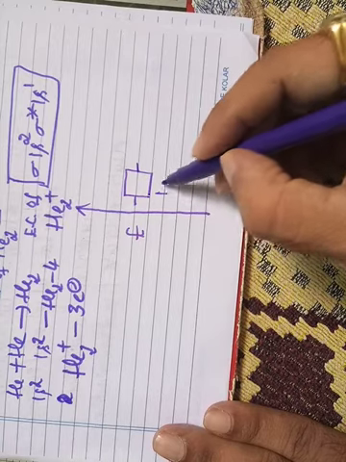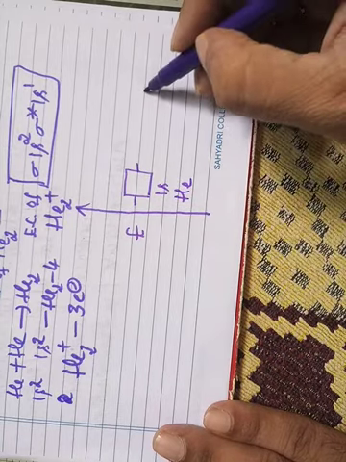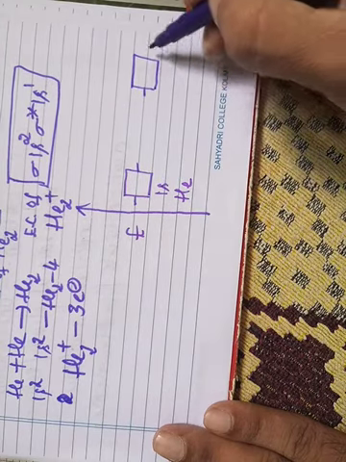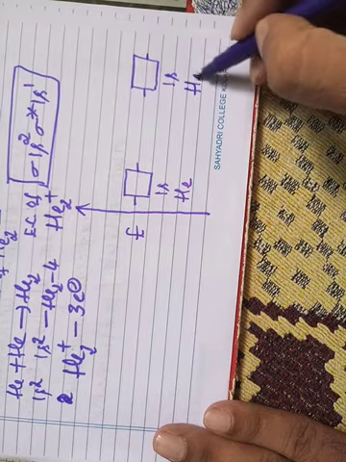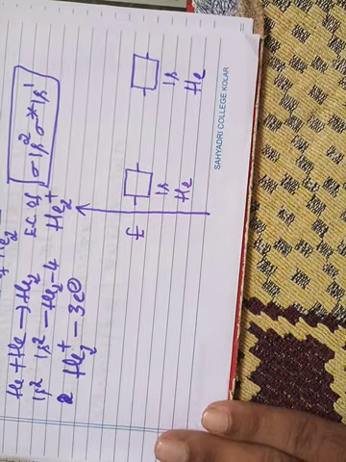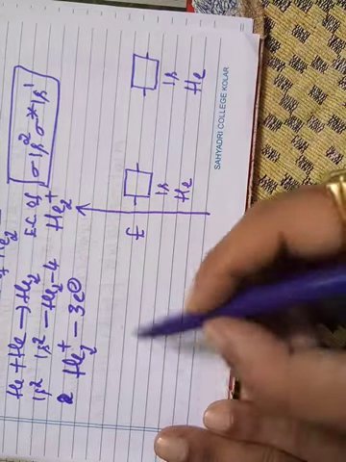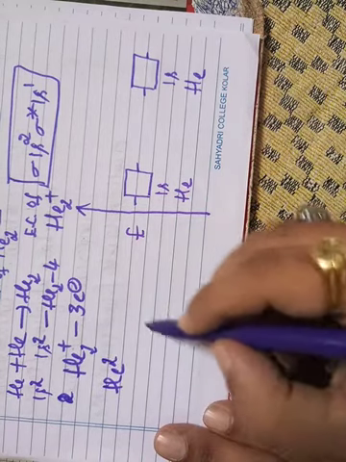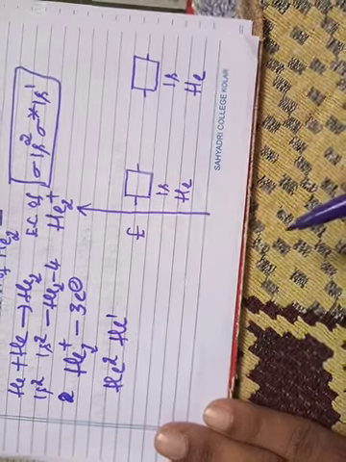This is the 1s atomic orbital of one helium atom. This is the 1s atomic orbital of another combining helium atom. Here one helium atom contains two electrons and another helium atom contains one electron.